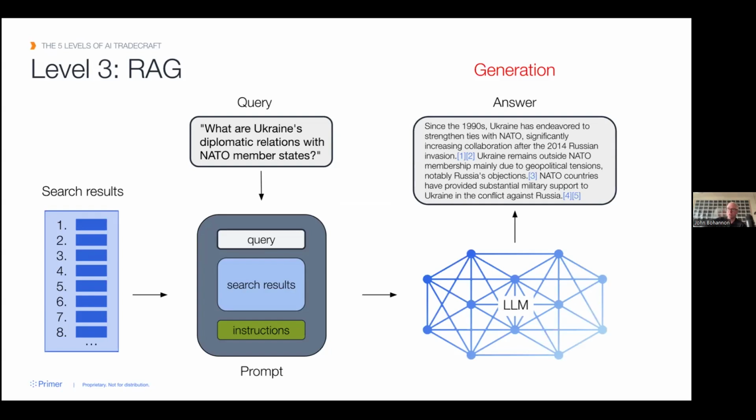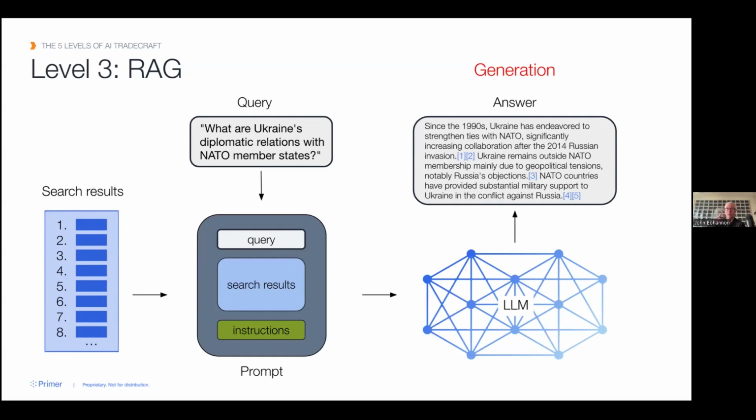Now, I want to bring your attention to something really important in that generated answer, which is those citations. See the bracketed 1, 2, 3, 4, 5? Those, if the large language model has done its job correctly, are very faithfully pointing at those search results, 1, 2, 3, 4, 5. Now, the reason that matters is because of a problem called hallucination.